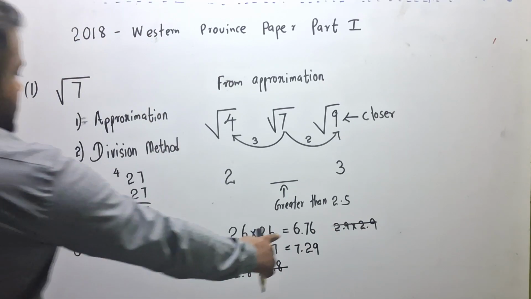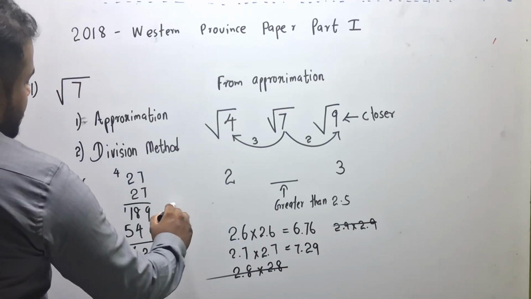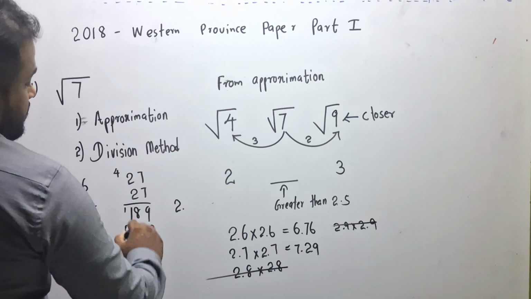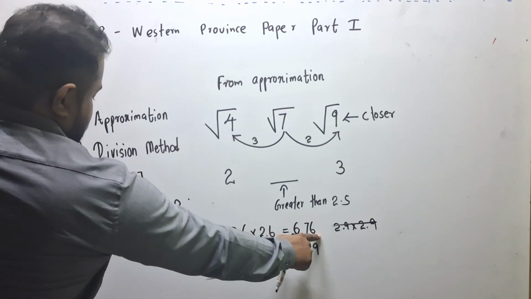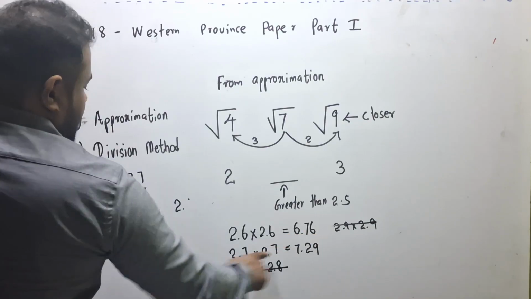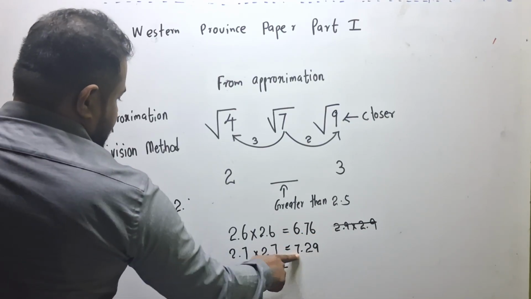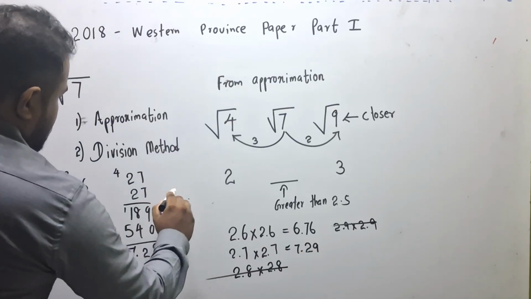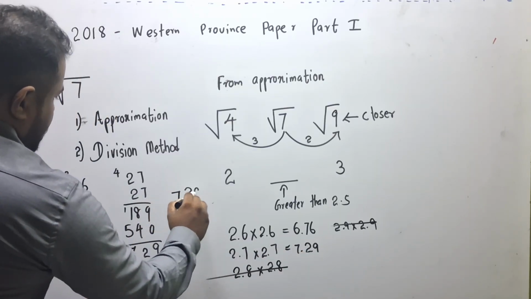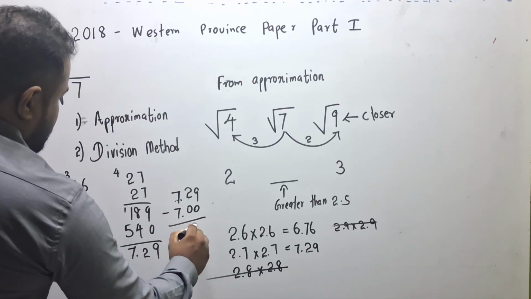From these values, which one is closer? 2.6 squared is 6.76. 2.7 squared is 7.29. For 7 there is a gap of 0.29, because 7.29 minus 7.0 gives you 0.29.